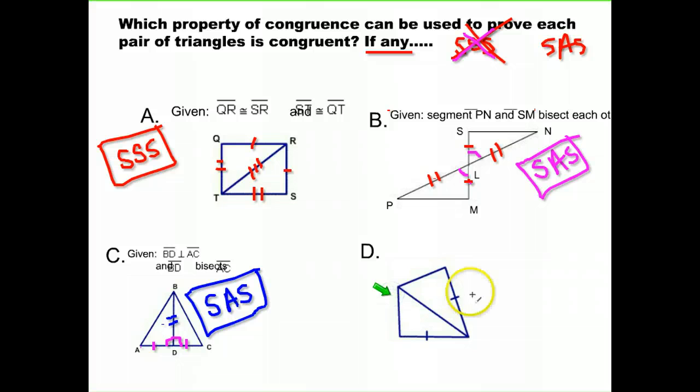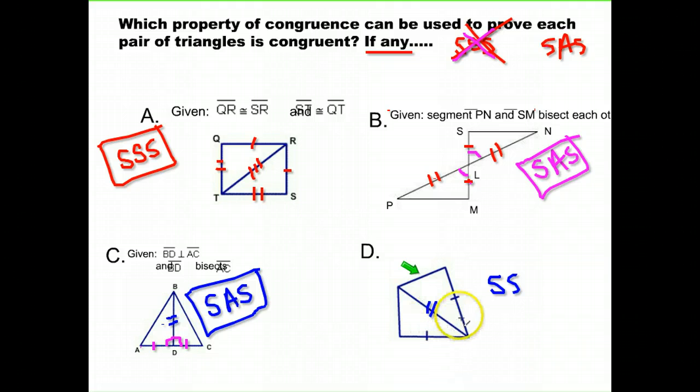Here's our final example. We have one pair of sides marked as congruent, and we see this line in the middle is shared by both triangles and could be marked as congruent to itself. So far we have a side and a side in this triangle, congruent to a side and a side in this triangle. So we have SS right now. Is there any way we could prove this third side is congruent to this third side?